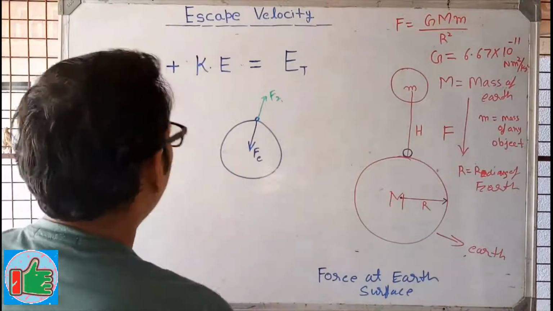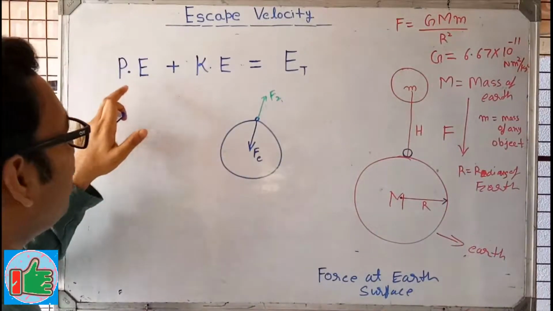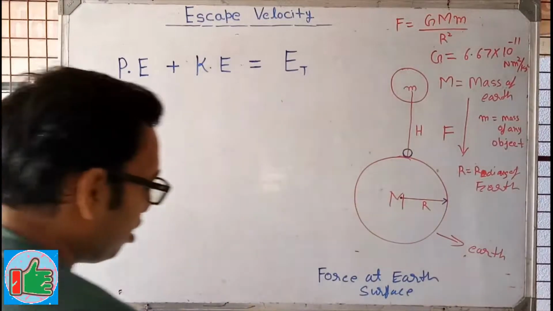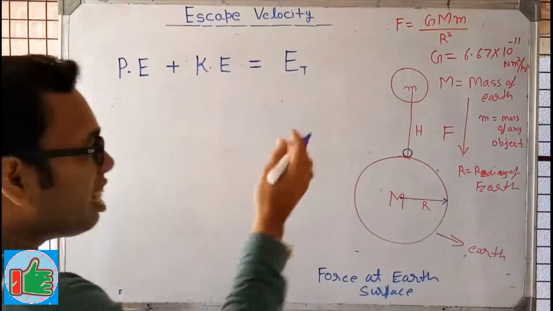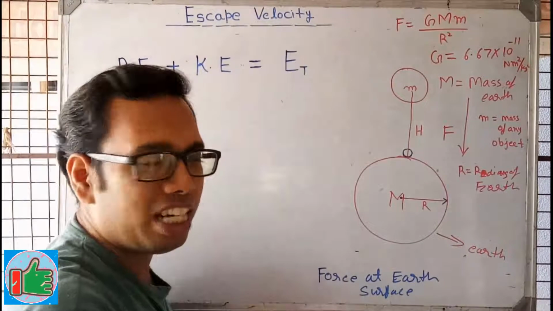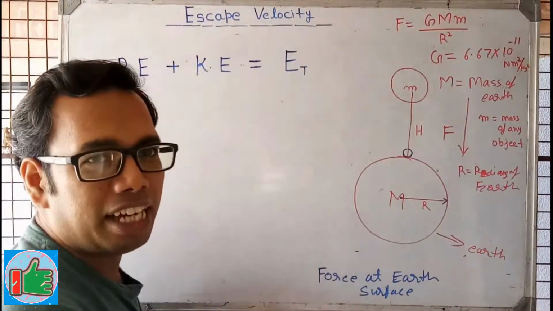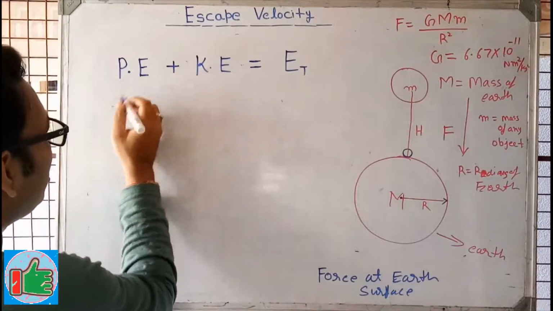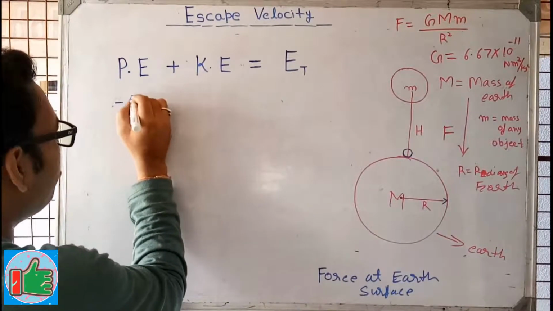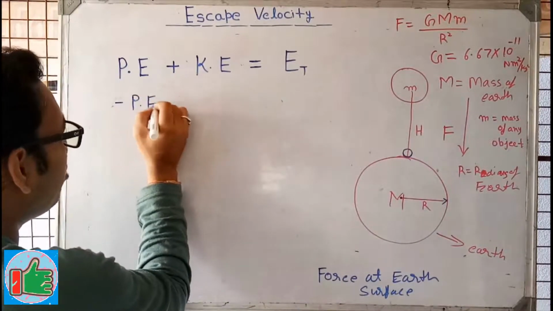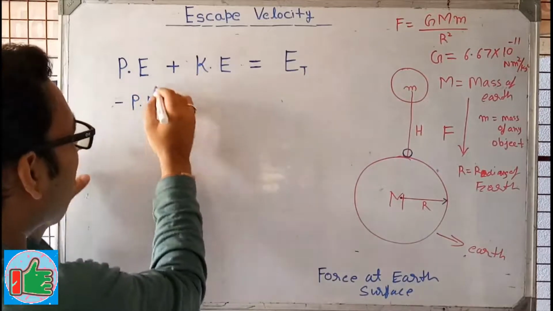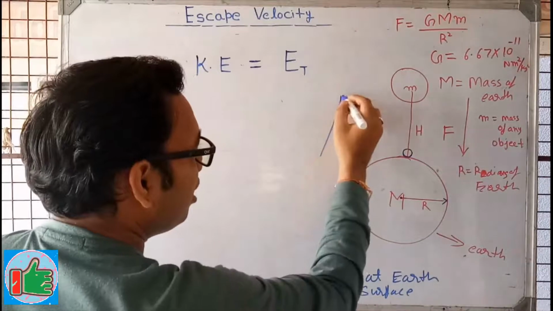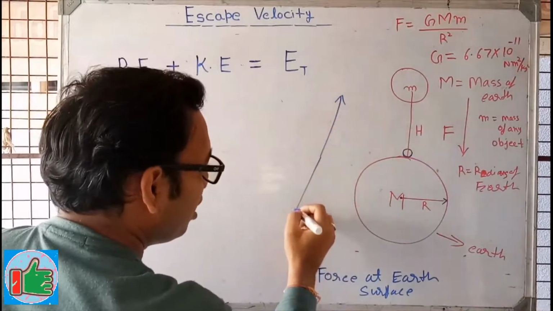Okay, but here the direction of the potential energy is downward and kinetic energy is upward. So we'll keep the potential energy as minus PE, because the direction of the potential energy is opposite to the kinetic energy. Kinetic energy is this side and potential energy is this side.